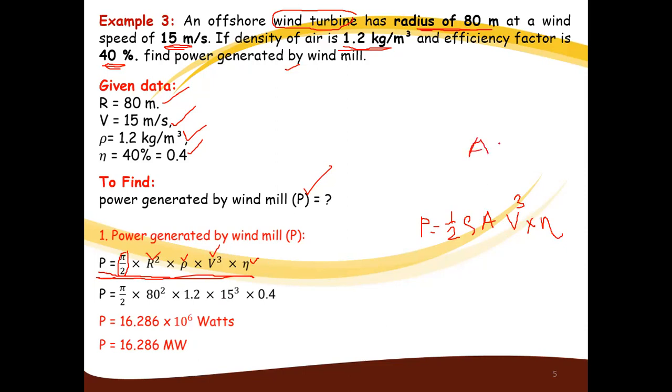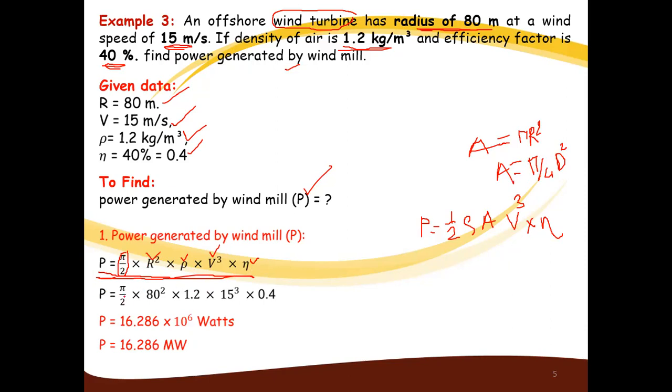Area may be pi r square if radius is there, or pi by 4 d square if it is diameter. Both are same. So therefore it is taken as pi r square, and this 1/2. So it is 1/2 into pi r square rho v cube into efficiency.